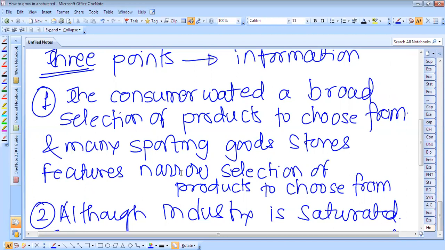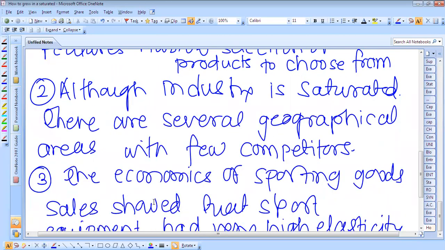So our aim is that you should keep a broad selection of products. Broad selection means you should have a number of products in your stores, so that when customers come in, they always go away having purchased your products. And although the industry is saturated, there are several geographical areas with few competitors, so we have to expand our stores to the other areas where few competitors are there.